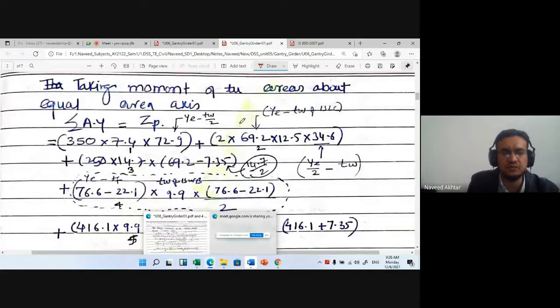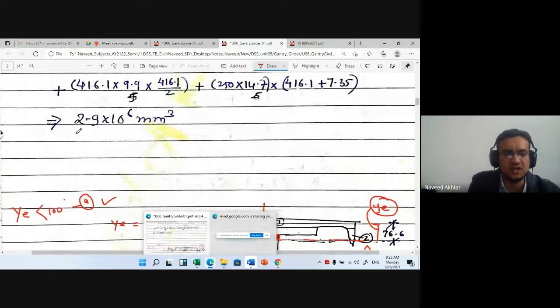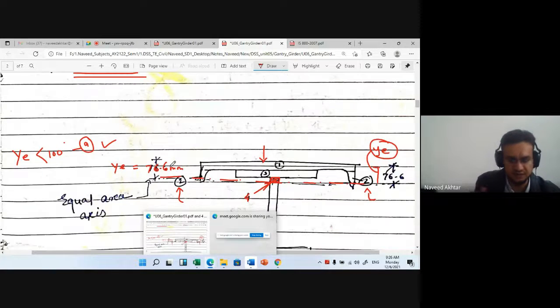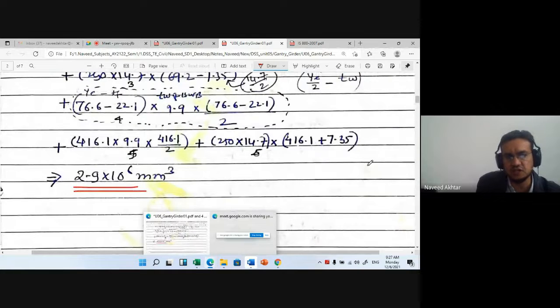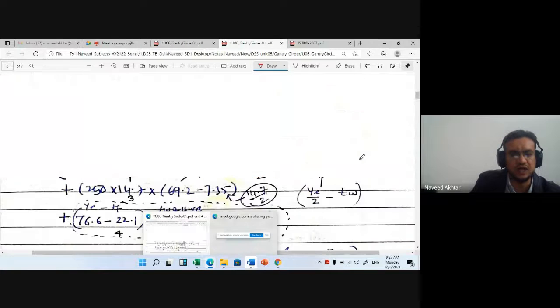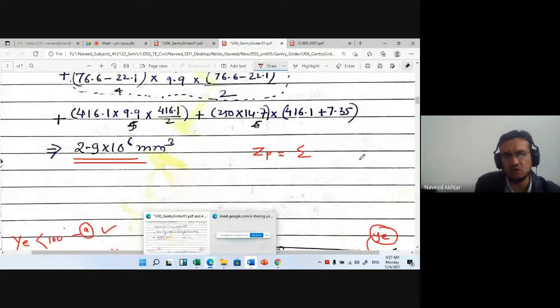So taking moment of area over the axis, you can find out the ZP. After finding the YE value, now you can find out the ZP of the section. ZP is nothing but summation of area into Y bar. So how many areas have we considered in this case?